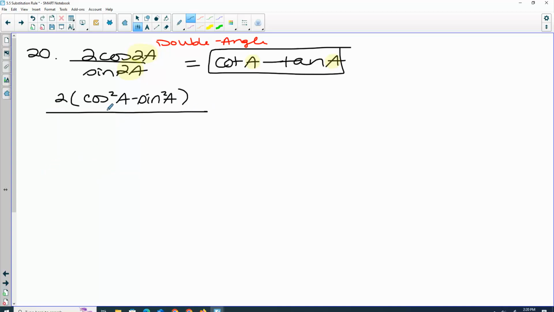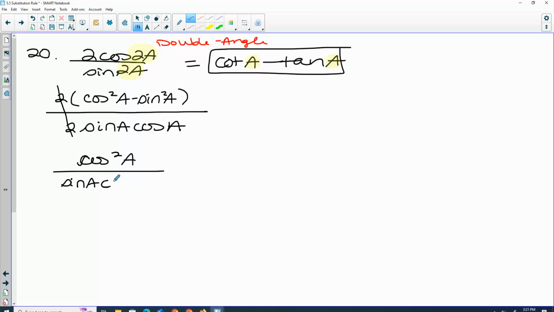Okay, sine 2A, we have only one option, that is 2 sine A cosine A. And now it's kind of like the last one. We have two things subtracted on top, a single term on the bottom. So what can we do? So that means we could drop one cosine out. That would leave us with cosine over sine.